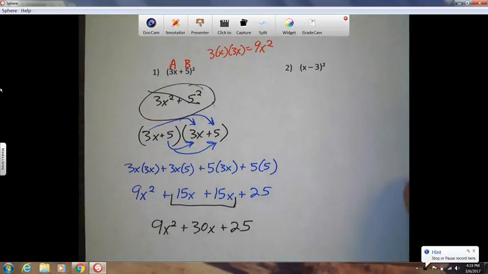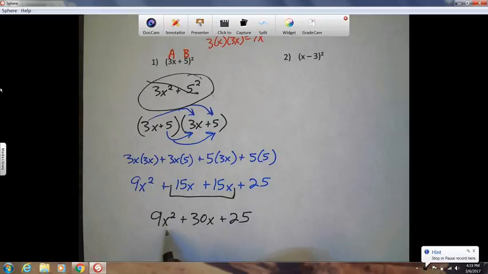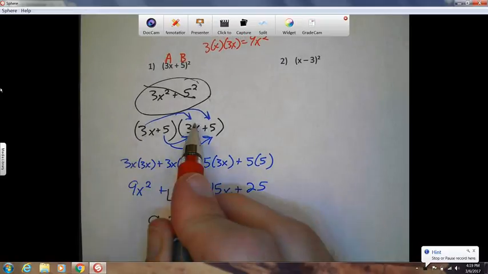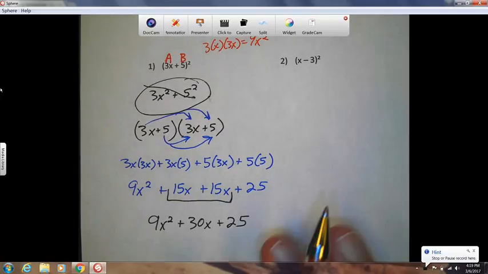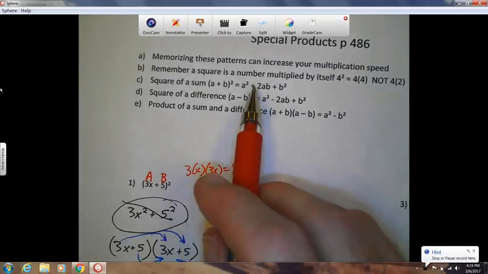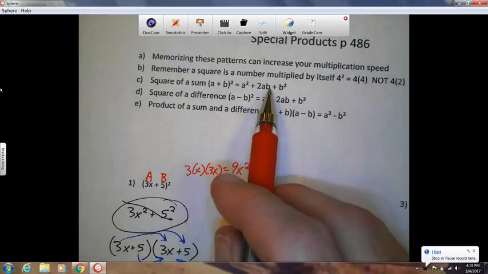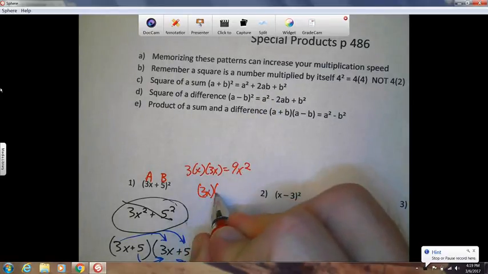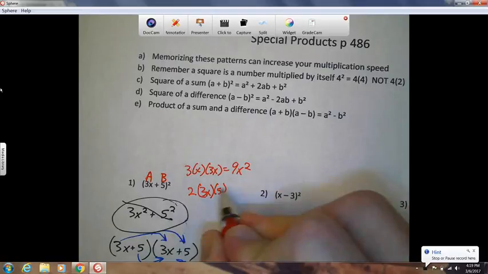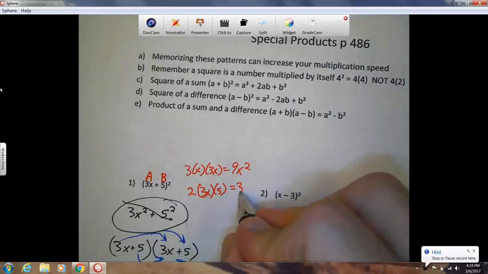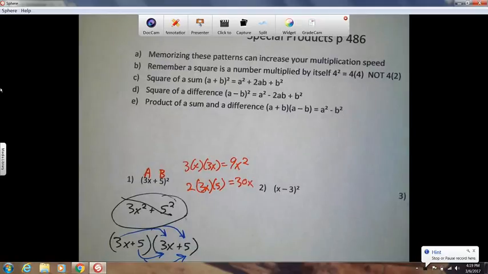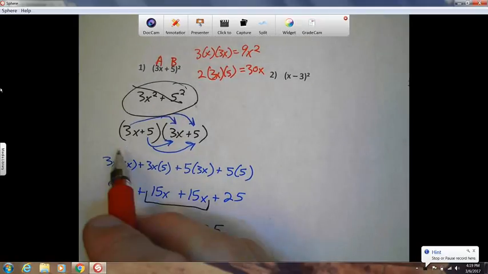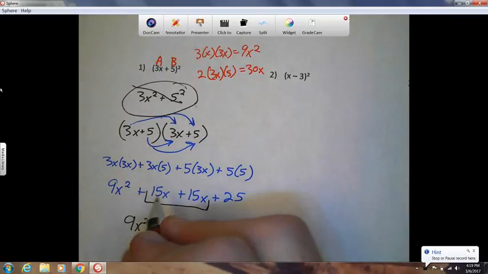Okay, so that's part of my answer, because the first thing you do is multiply those two. It also says I'm going to have 2 multiplied by a and multiplied by b. So if I take 3x times 5 times 2, I get 30x, because I do 3x times 5, which is here and here.